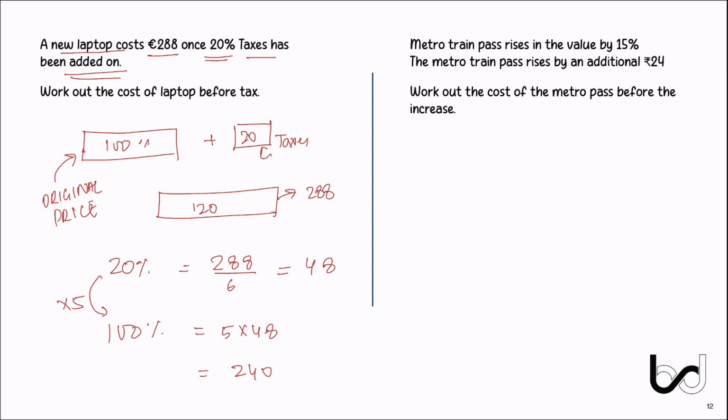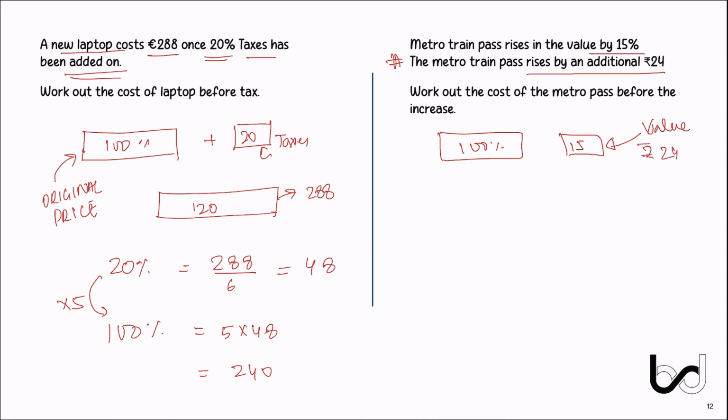Okay, sure. Now a metro train pass rises in price by 15%. The price rises by an additional amount. Now read this carefully. Over here what you know is there is a 100% price, then there is a 15% increase, and you know the value of the increase, which is rupees 24.